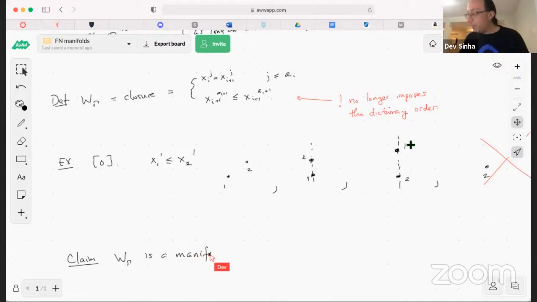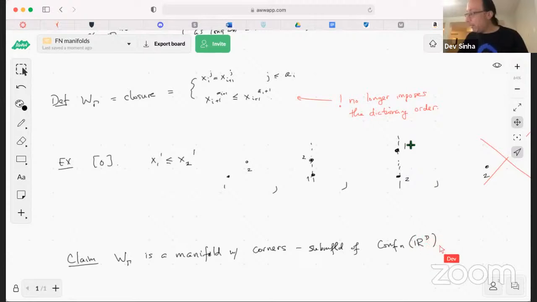That seems pretty clear, even if you haven't played around with manifolds with corners a lot. These inequalities, x_i,a+1 less than or equal to x_(i+1),a+1, obviously are part of a half space, and then with multiple ones you get a corner. And it's a submanifold of Conf_n(R^D).